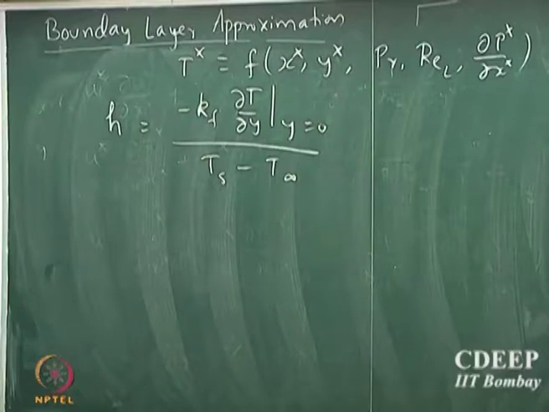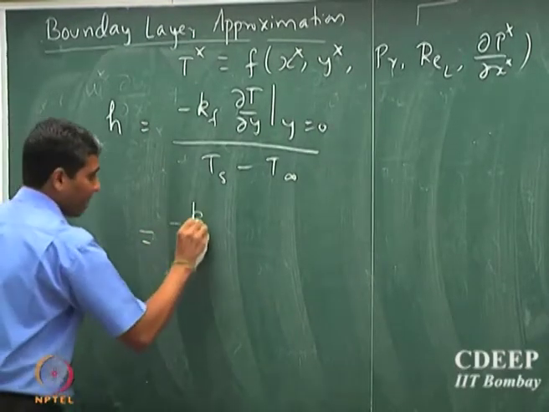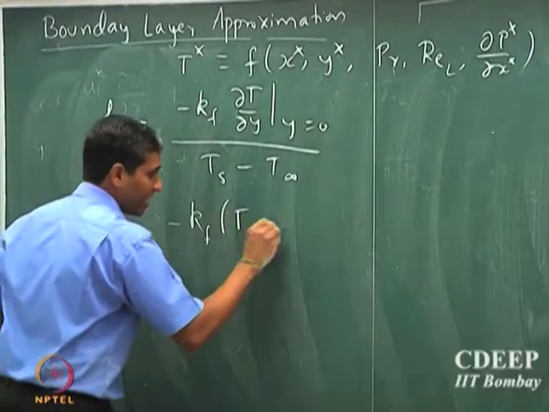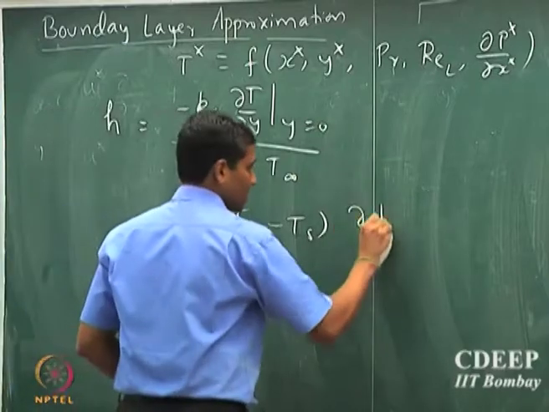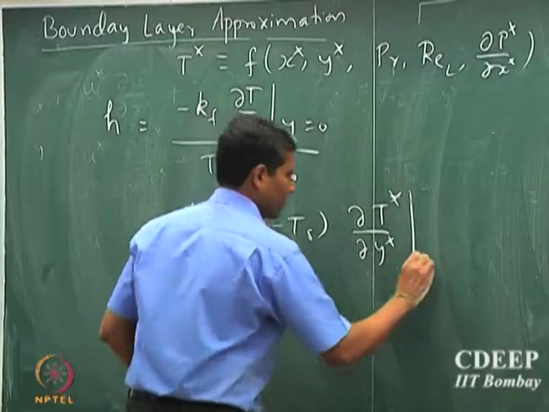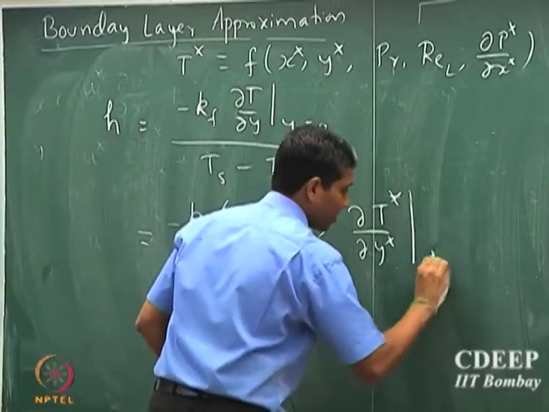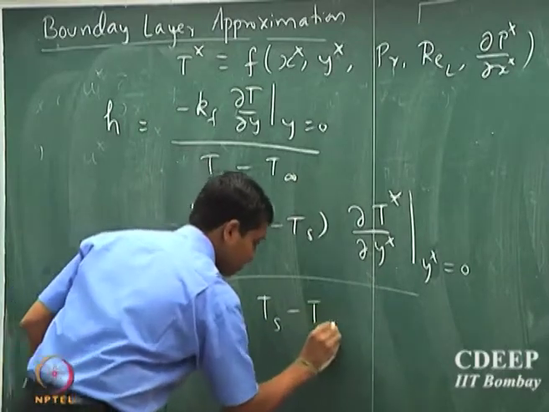Now if I introduce the non-dimensional quantities, that will become minus kf (T infinity minus Ts) divided by L, dT star by dy star at y star equal to 0, divided by Ts minus T infinity.